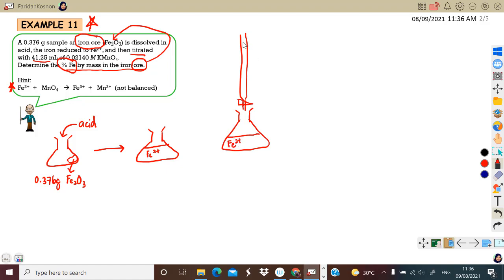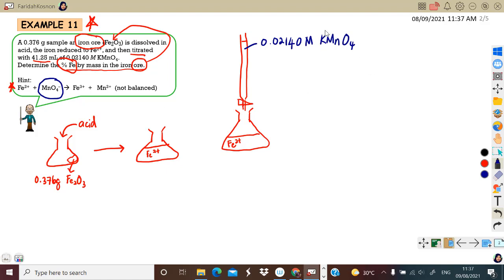Okay, in the burette, it contains 0.0214 molar potassium permanganate. Tetapi, kalau awak tengok pada equation yang unbalanced ini, dia mention permanganate ion sahaja. Jadi, maksudnya kita abaikan K+.